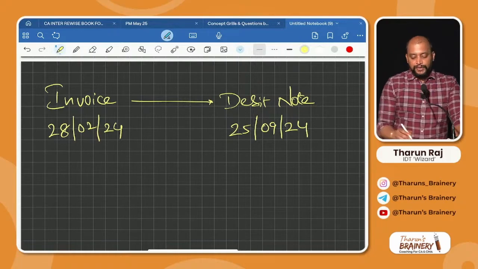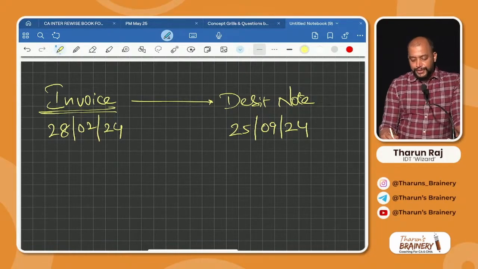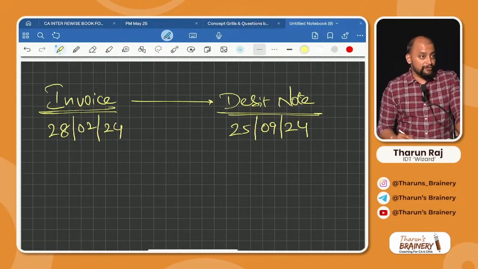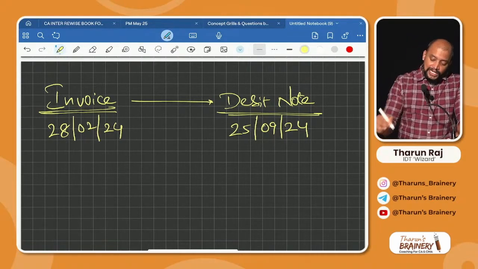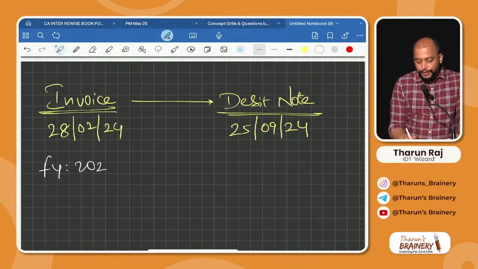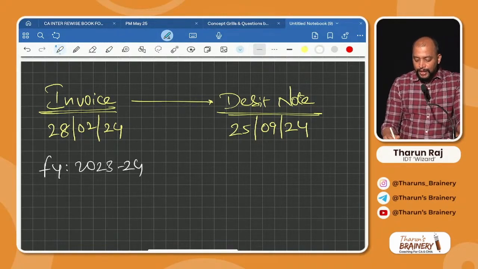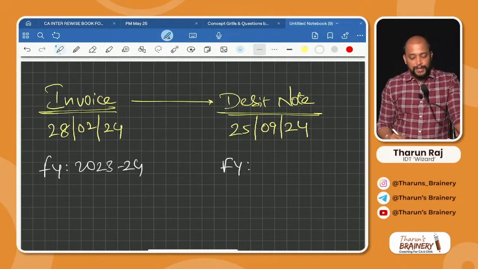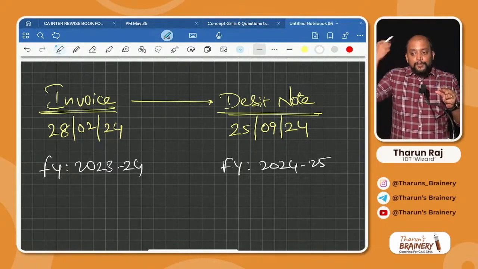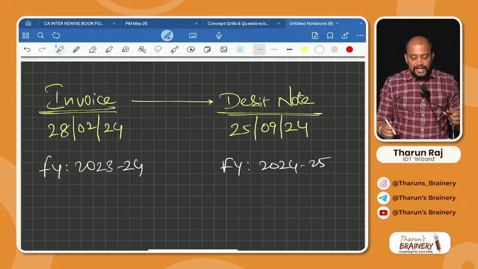Okay, so invoice is 28 February 2024, debit note is 25th September 2024. What is the financial year for the invoice? Financial year for the invoice is 2023-24. What is the financial year for the debit note? 2024-25.